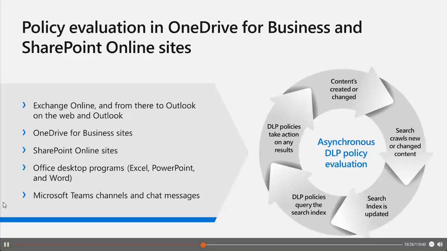Any sensitive information that's found is stored securely in the search index, so that only the compliance team can access it, but not a typical user. Each DLP policy that you have turned on runs in the background asynchronously, checking search frequently for any content that matches a policy and applying the correct actions to protect it from inadvertent leaks.